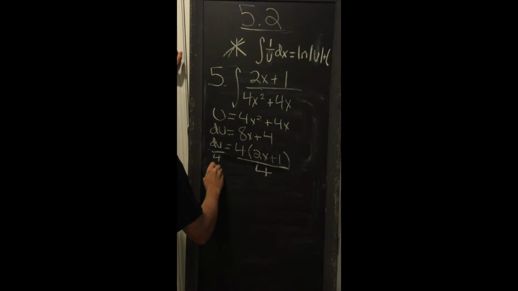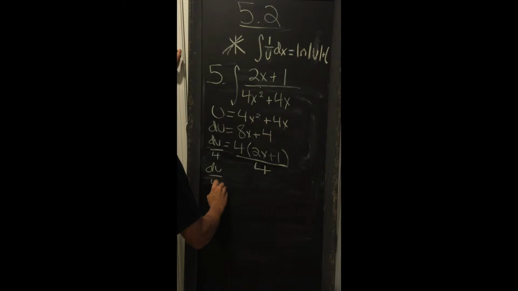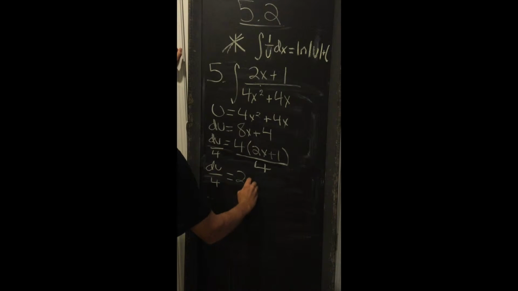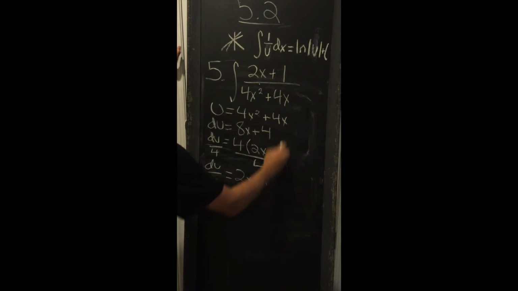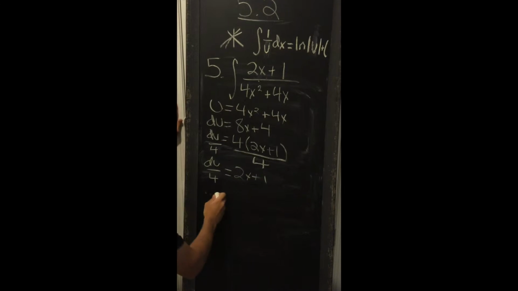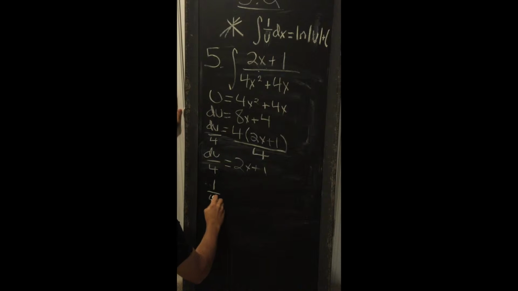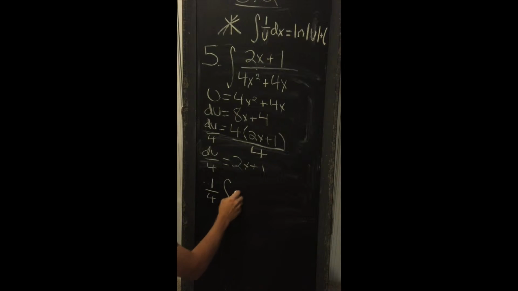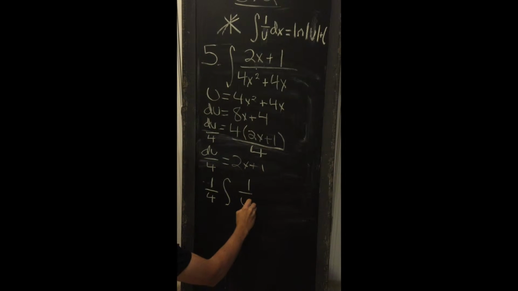And since du over 4 equals the numerator, then theorem 5.5 applies. So 1 over 4 integral of 1 over u du.